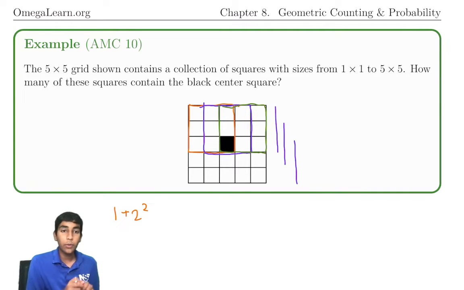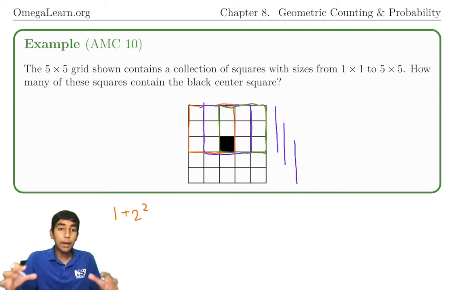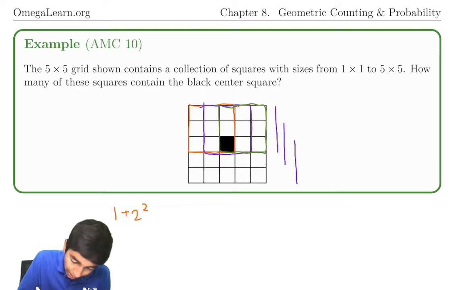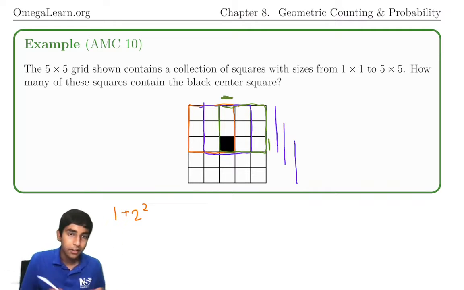It can be the left 3 squares, the middle, or the right 3. So 3 choices for where it can be vertically, 3 choices for where it can be horizontally, and each combination will form a 3 by 3 square that contains this black center unit square. Because all the y coordinates contain this here, and all the x coordinates contain this here.